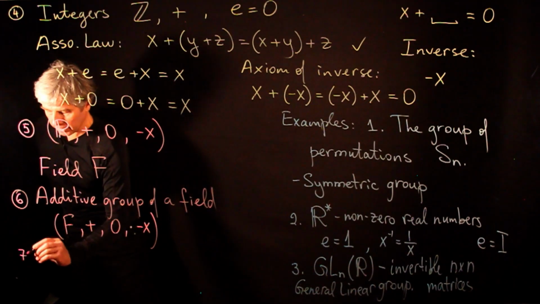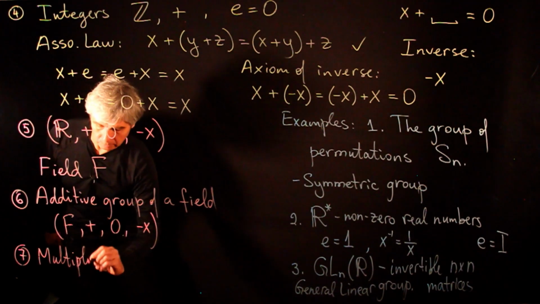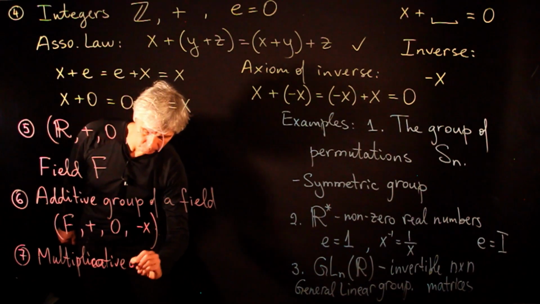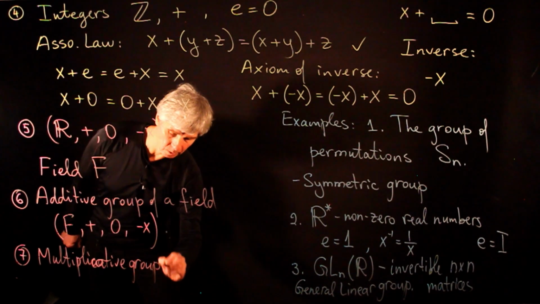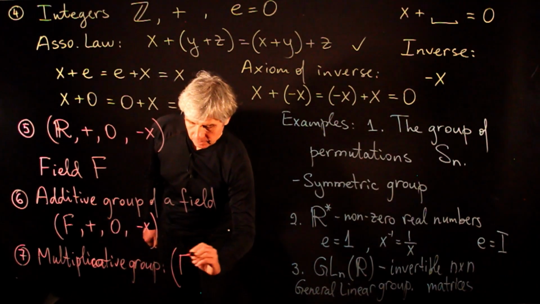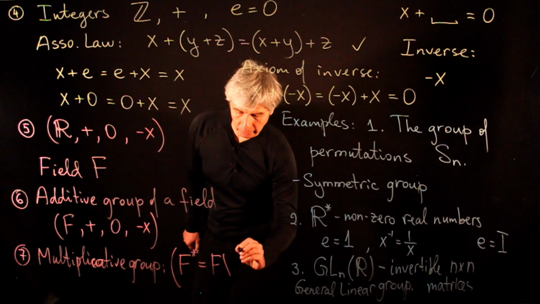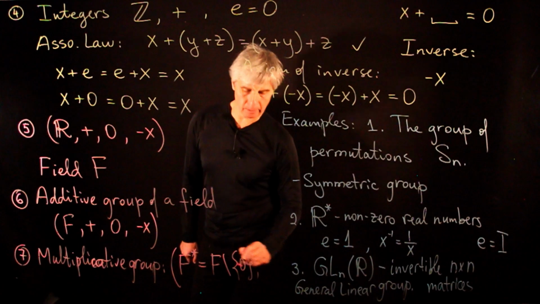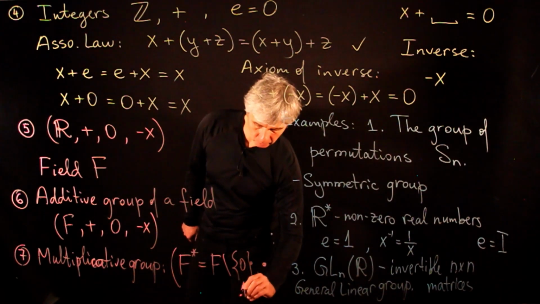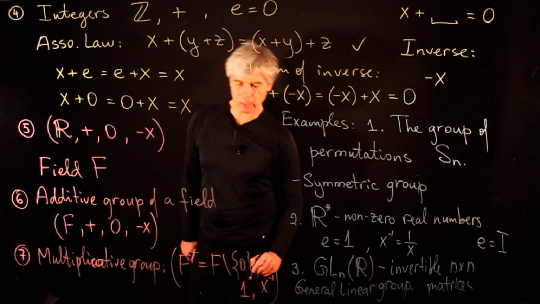And we have the multiplicative group of a field. So here we take F star. This is the set of all non-zero elements of the field, with the operation of multiplication, with the identity element being 1, and the inversion being x inverse.